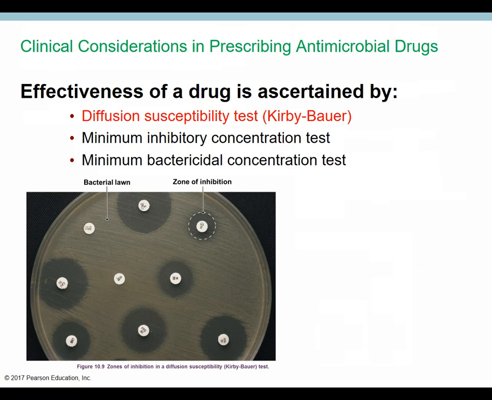And that is one way that the effectiveness of an antibiotic can be determined. But in the lab at the hospital, they're not going to be growing the bacteria on plates typically. They're going to do a different type of test, although it's based on the same logic. They're going to do what's called the minimal inhibitory concentration test.